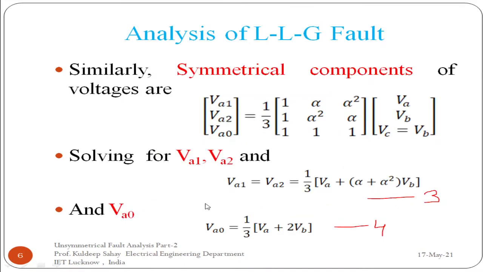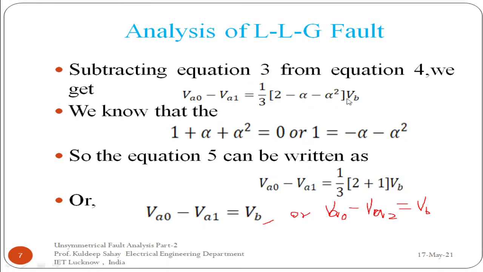From these two equations, VA gets cancelled, so VB is common, so (2 minus alpha plus alpha square), or (2 minus alpha square), so that you got. Now you know the value of minus alpha square is equal to 1. So here in place of this term you can put the value 1.